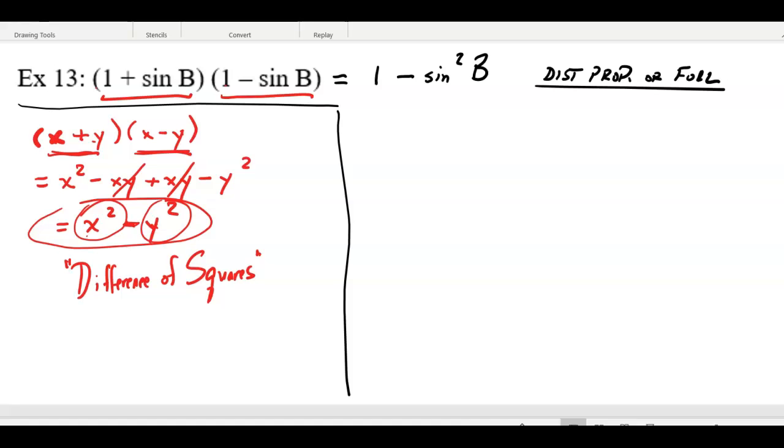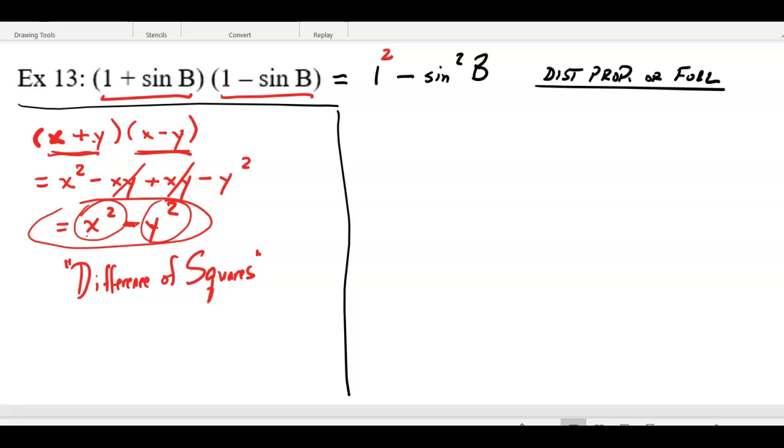Okay? So anytime, I just want to make this clear, anytime you have a binomial times a binomial and there's what's called a conjugation, a number plus something, a number minus something, it will always give you a difference of squares. And so this actually is, you don't need the 2, but this is a perfect square minus a perfect square.